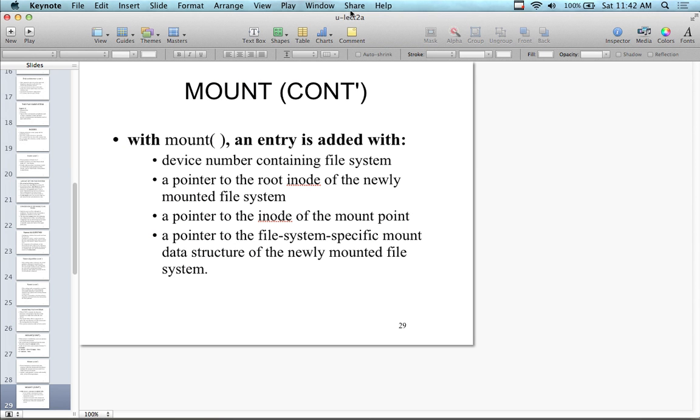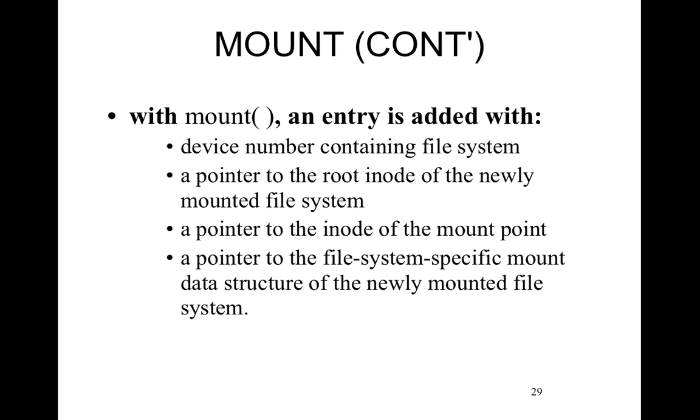But all right, so what are we looking at here? This is the mount command. You mount with entries added with the device number containing the file system. So we have device numbers, that's where you get SDA1, HDA1, 2, 3, 4, the name of the symbolic location where you're mounting, using the device driver for a hard disk or solid state drive.